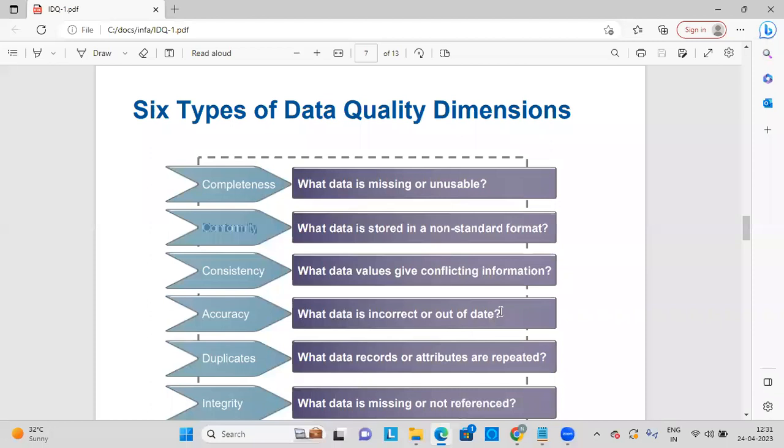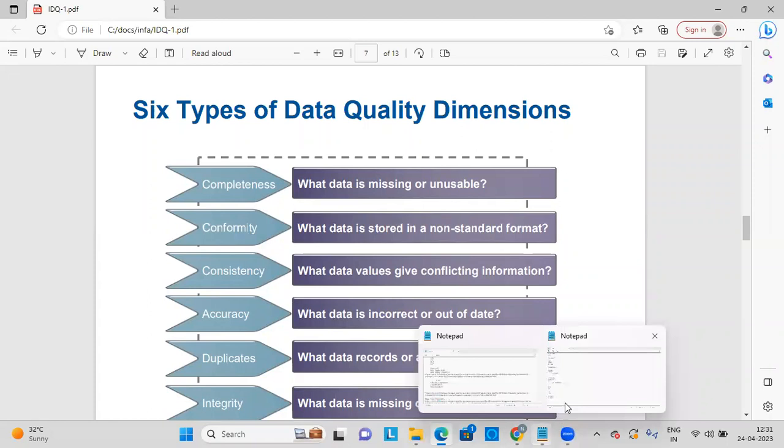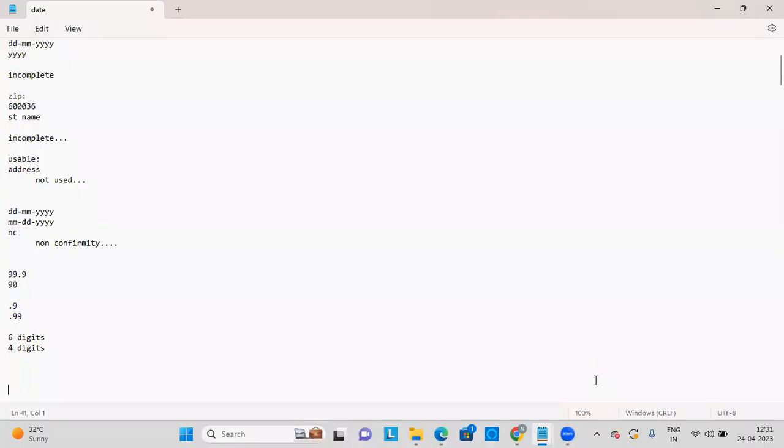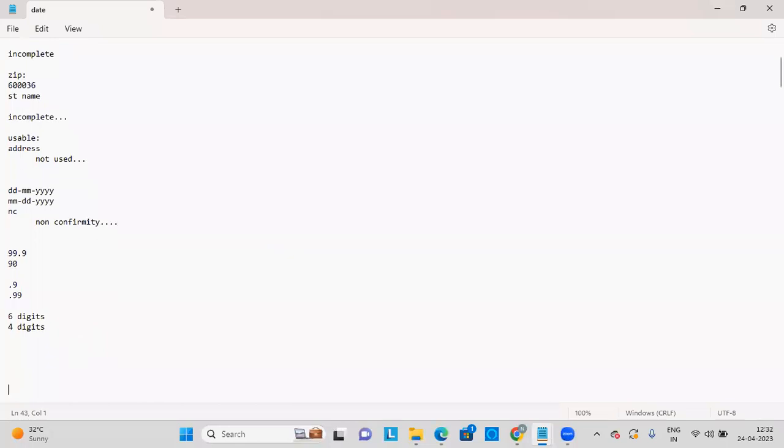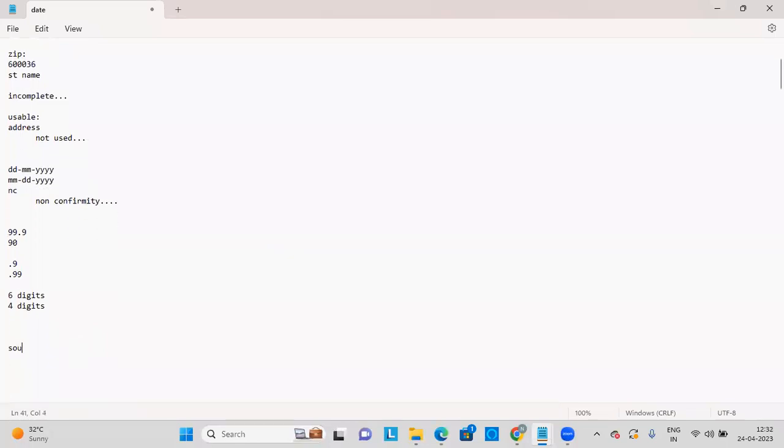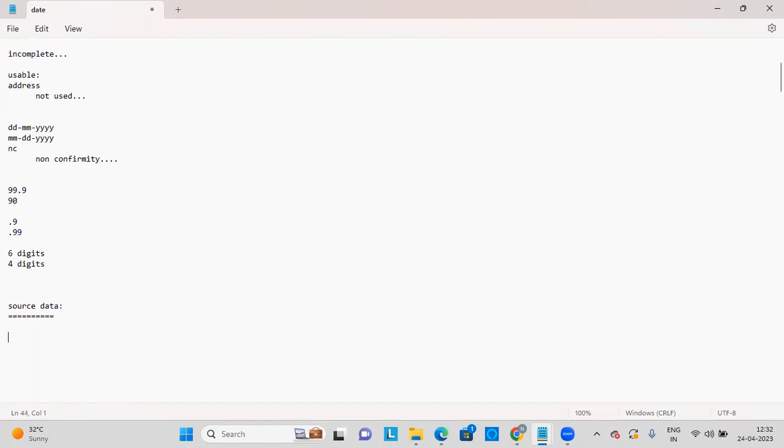Yeah. Consistency. Let me talk about it with one example. Let us say there's a source data which contains, let's say, a city, Chennai. Let us say I'll put zip code 60036, and state is Tamil Nadu, and city is Chennai.